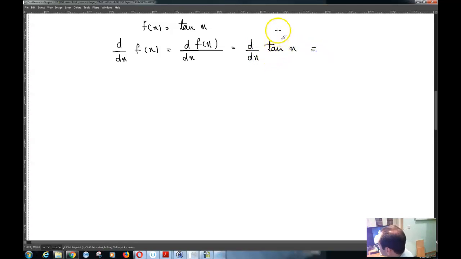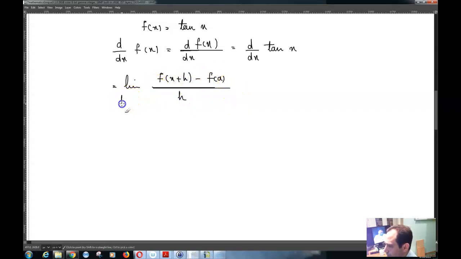which is the same thing as the limit of basically f of x plus h minus f of x over h as h tends to 0.